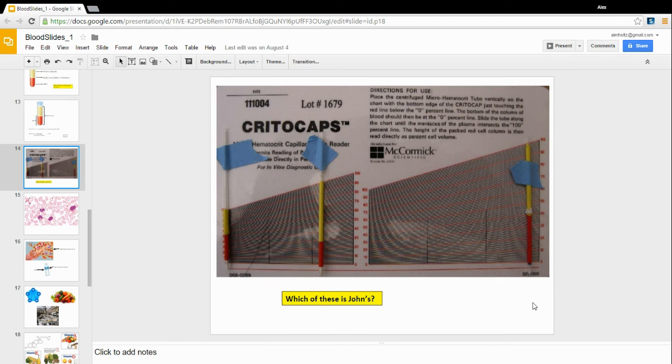All right, on this screen, I have a little practice for you. If you've done the lab on blood typing and hematocrit already, you can do this. If not, wait till you've done that. What I want you to do is figure out which of these simulated hematocrit tubes is most likely to be John's. All right.